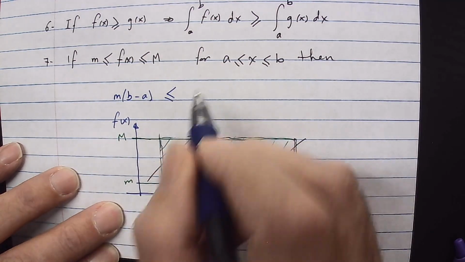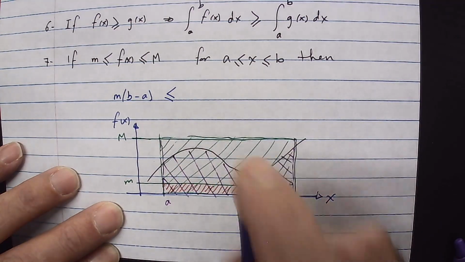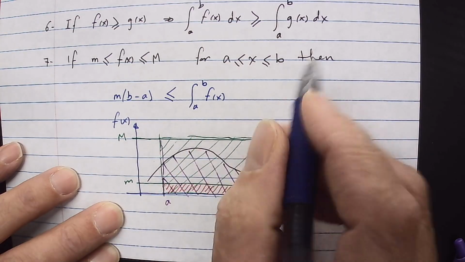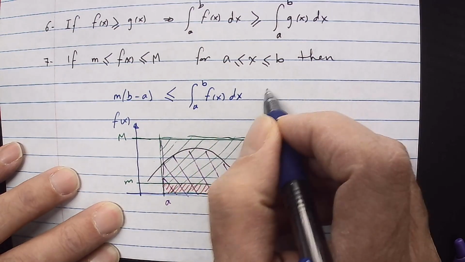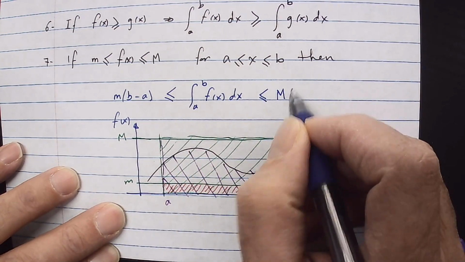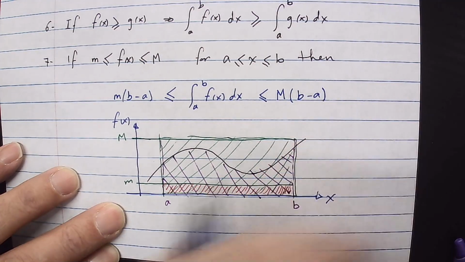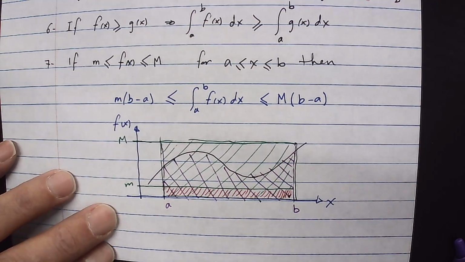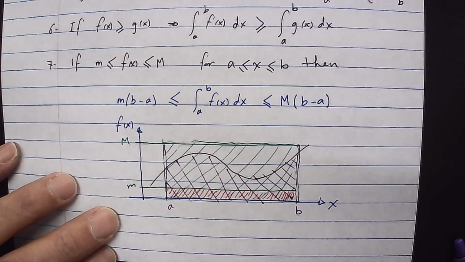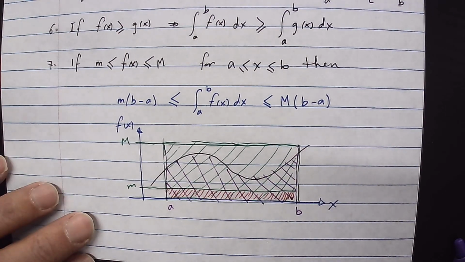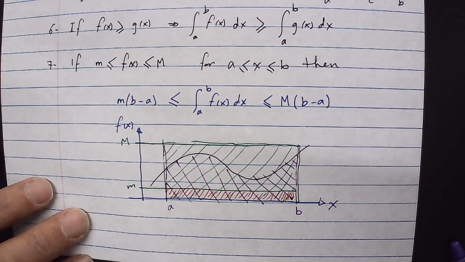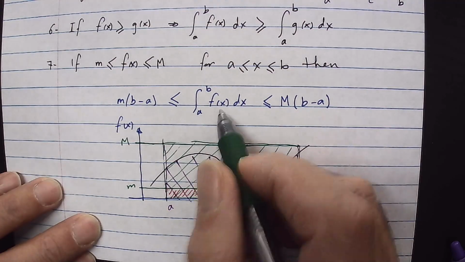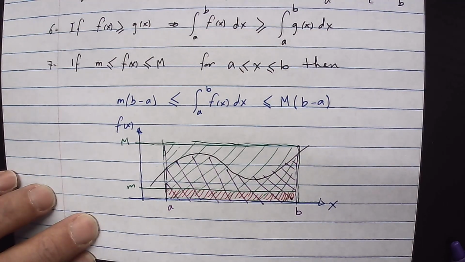This is less than or equal to the area under the function, which is the integral a to b f of x dx, and this is less than capital M times b minus a. So this is the seventh property. Of course, this area under the curve is given by the integral of the function from a to b.